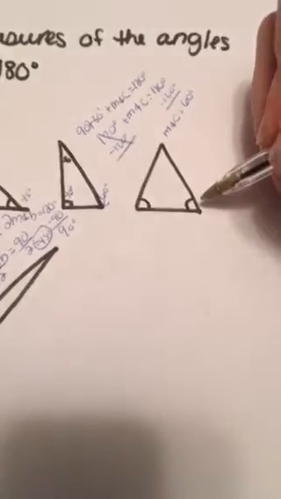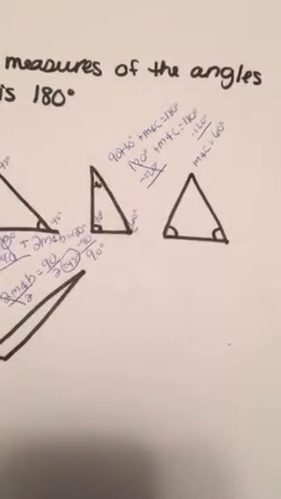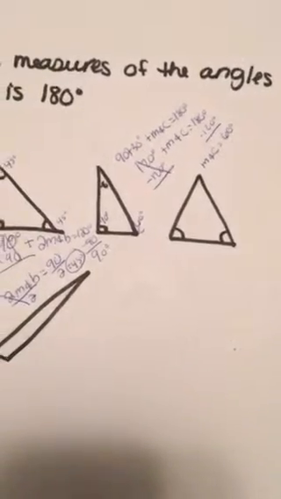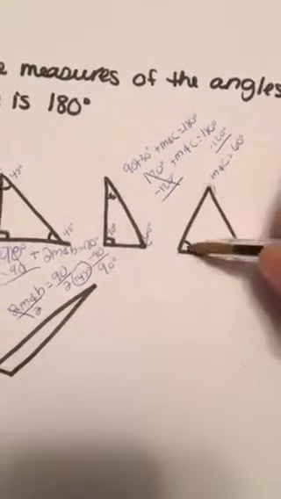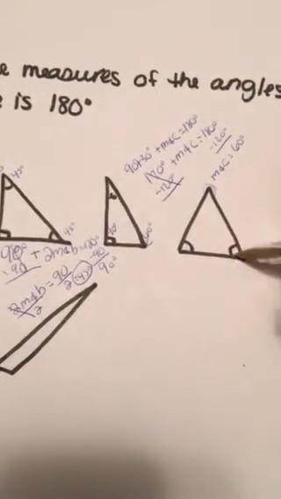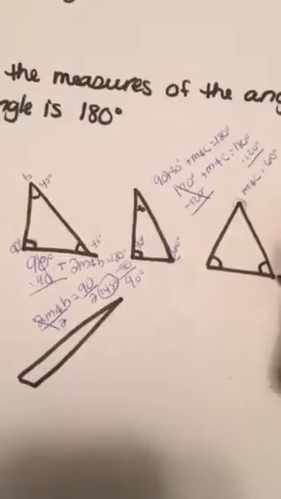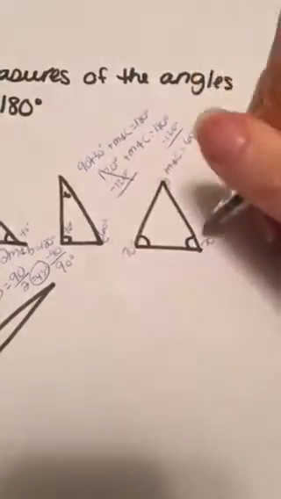All right. Here I have an isosceles triangle, but I don't know the measurements of any of the angles. If I have the measurement of this angle here, I can figure out these 2, and if I have the measure of one of these, I can figure out the others as well. So I'm going to start out and say this one is 70 degrees. If I know that this is 70 degrees, then I know that this one is also 70 degrees. 70 plus 70 is 140.